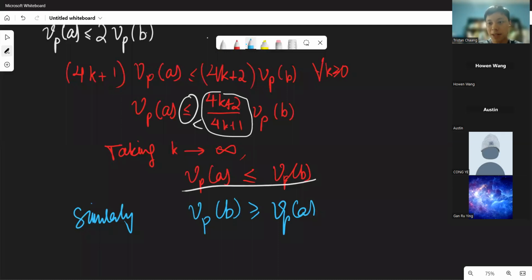That means A and B must be equal, right? For all primes P. So A is equal to B.